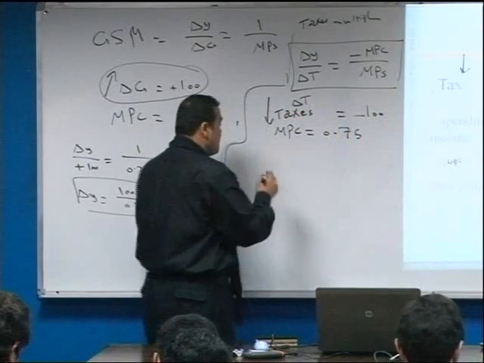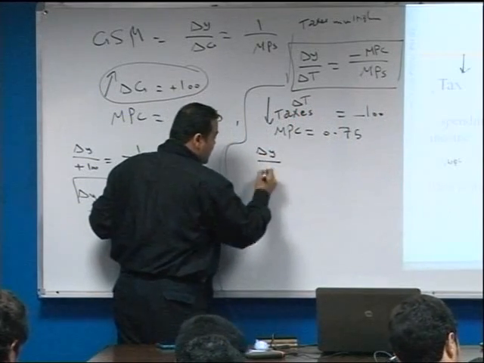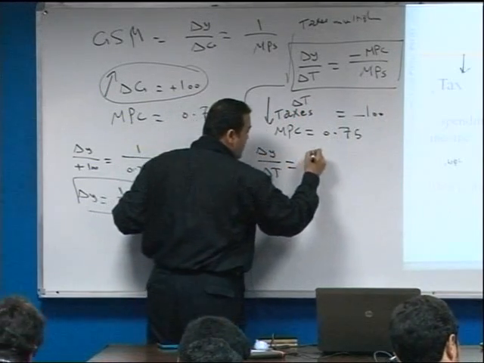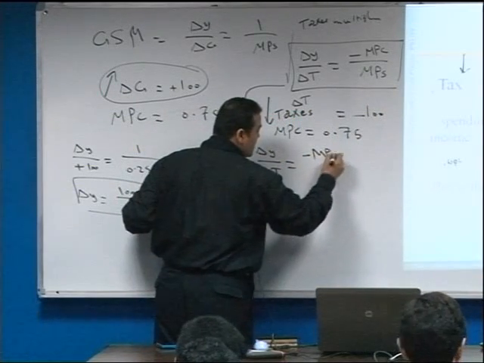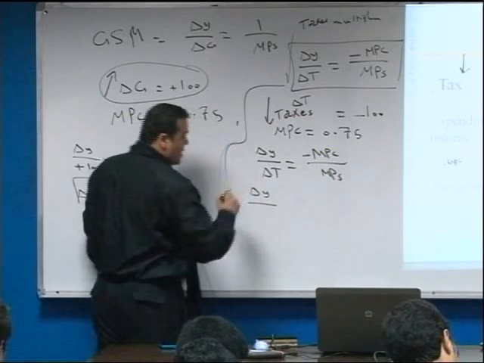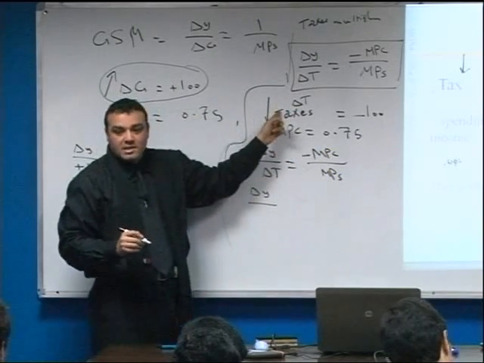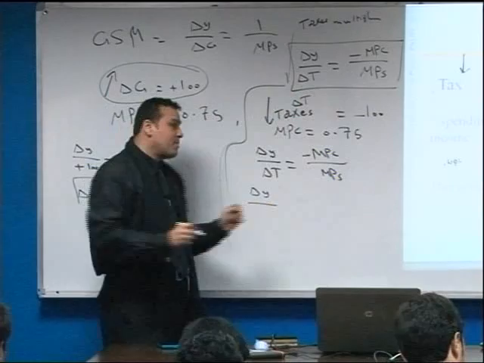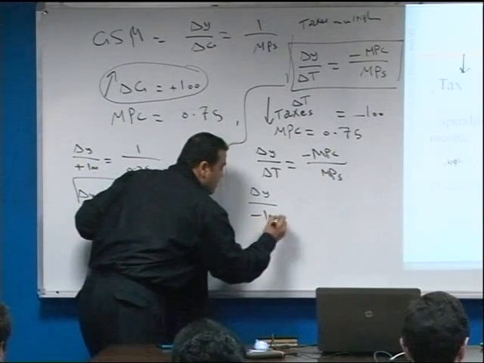So, as you see, delta Y over delta T equals minus MPC over MPS. Since taxes decrease, delta T should be minus 100.